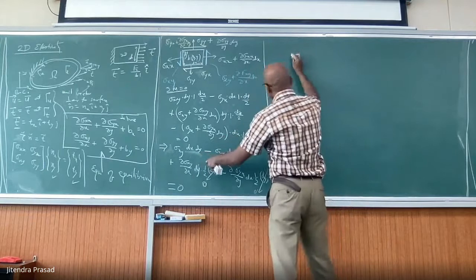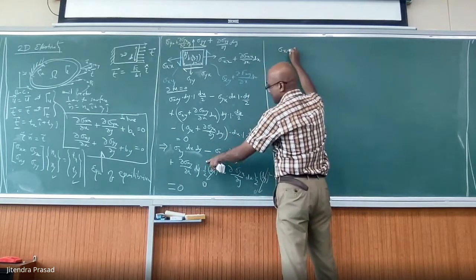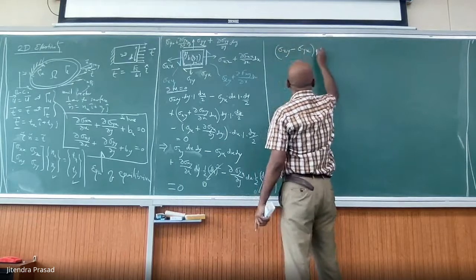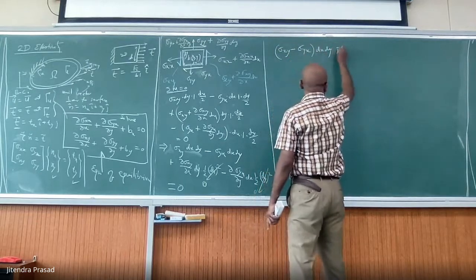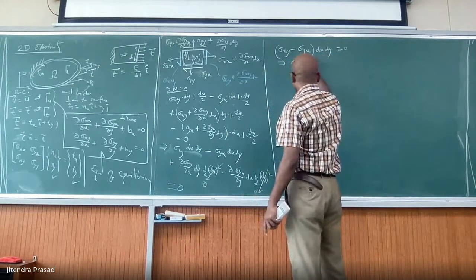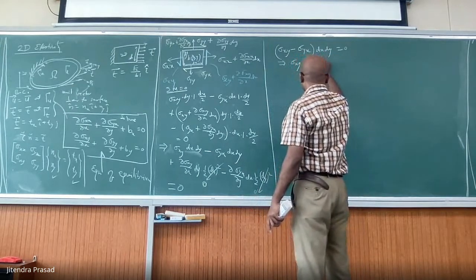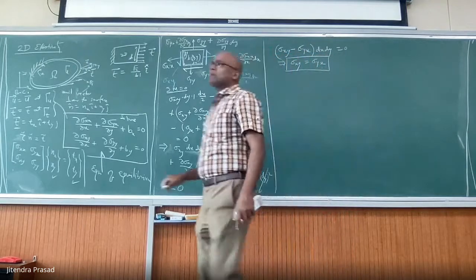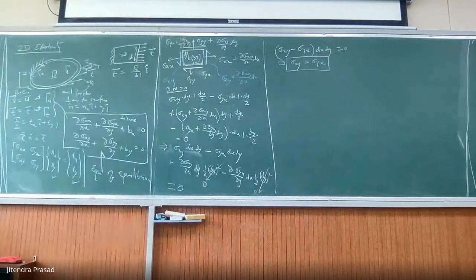We get sigma xy minus sigma yx, times dx dy, is equal to 0. That tells you that sigma xy equals sigma yx. Actually, both are the same.